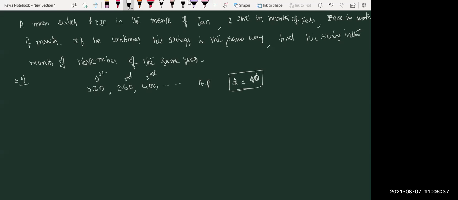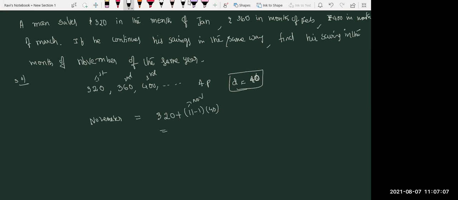Now the question is, in the month of November, they asked. Anyone in the class, can you tell me? Sir, is that 720? Very good, correct. 320 plus what? 320 plus 11 minus 1 into 40, because the 11th month is November, right?